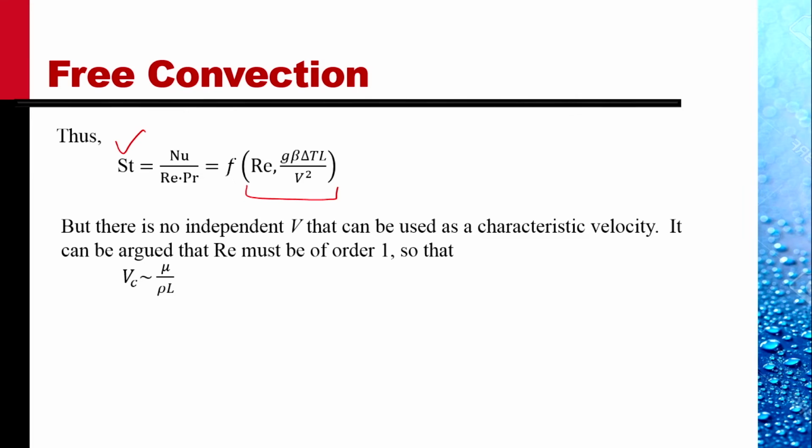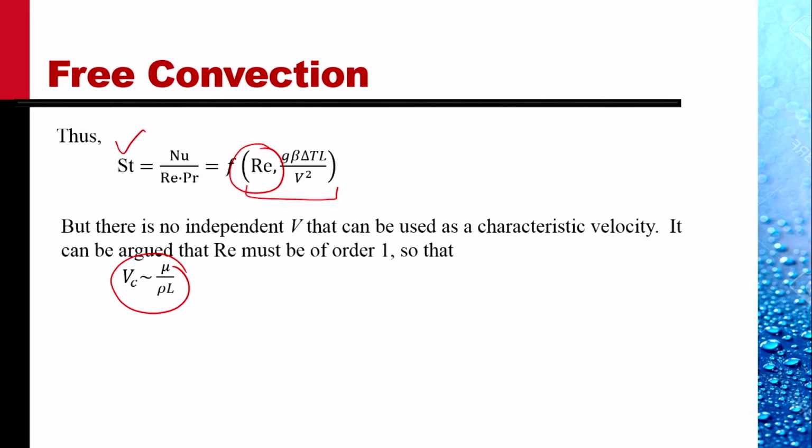It is not something that can be specified independently. So as a result, we can set Reynolds number to be order 1 so that it gives you an idea of what should be the characteristic velocity. If we set Reynolds number is equal to 1, the characteristic velocity should be like mu divided by rho L.